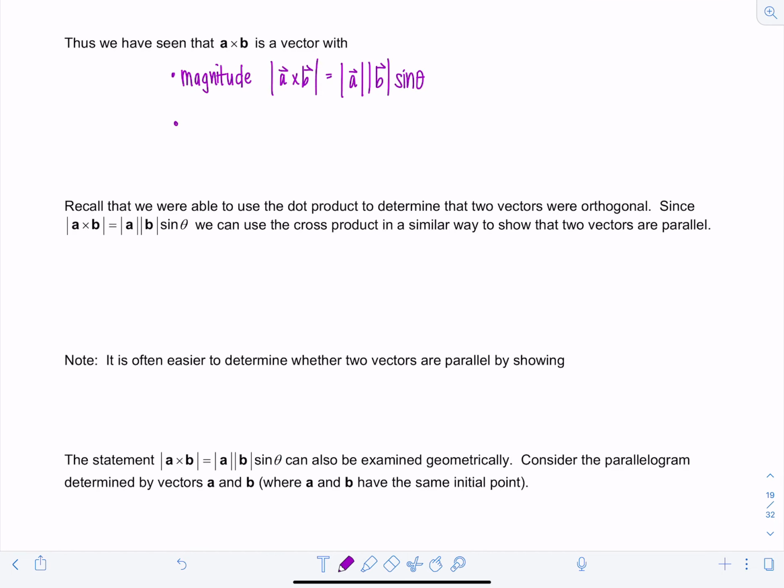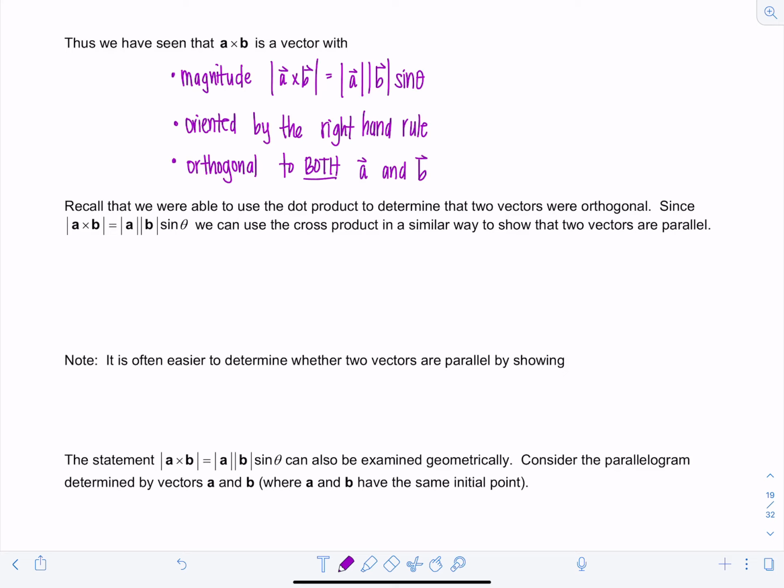Well, it's oriented by the right-hand rule. And then lastly, and probably most importantly, it's orthogonal to both vectors A and B. Okay?